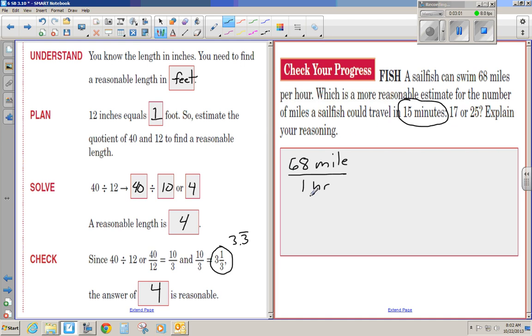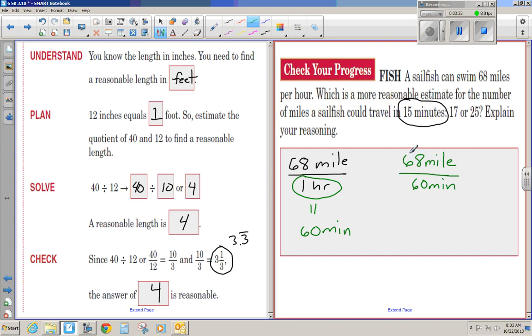So what we have to do is we have to kind of look at this and say, well, 1 hour, we know 1 hour is equivalent to 60 minutes. So 68 miles in 60 minutes. Basically, what you can do now is let's do a quick estimation.